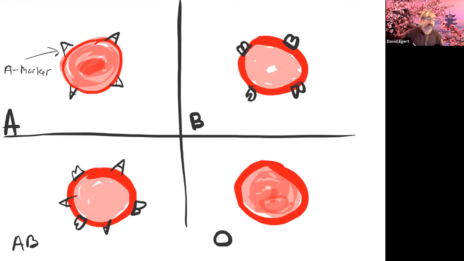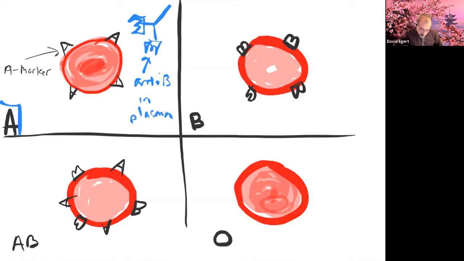But if I am somebody who is type A blood, I am going to actually have anti-B antibodies in my blood, in my plasma. If I am type B blood, it's going to be the opposite. I'm going to have anti-A antibodies in my plasma.